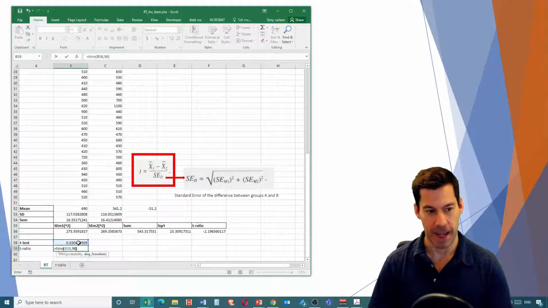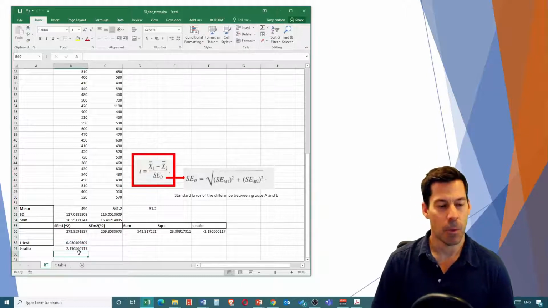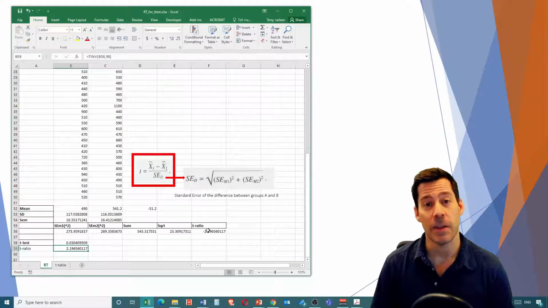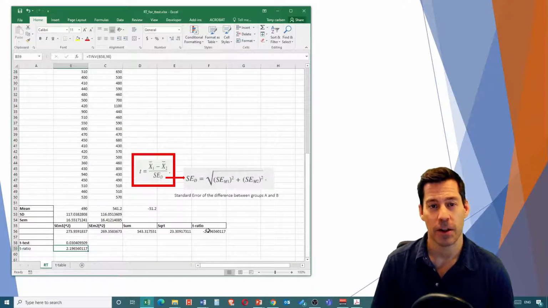So if I go 98, we now get a nice matching of our values, 2.1965, etc., 2.1965. So we see we've calculated our t-ratio correctly. All right, so let's get into the other programs to start doing this t-test in those.